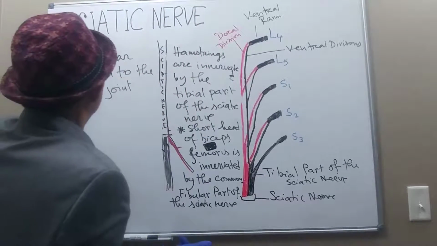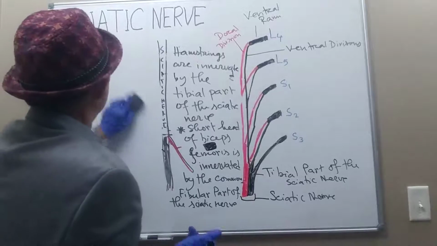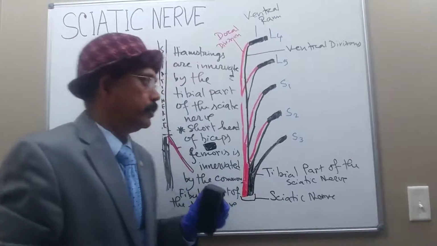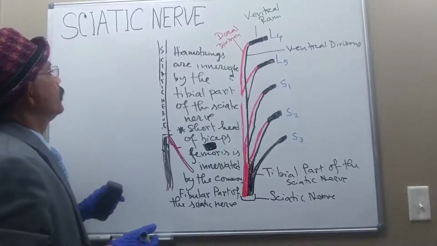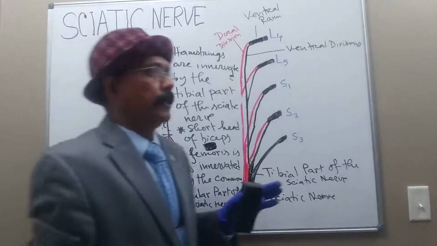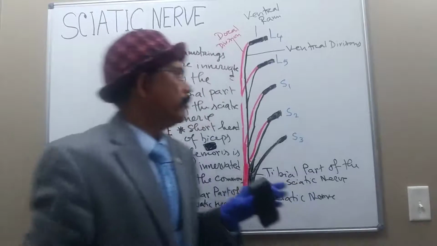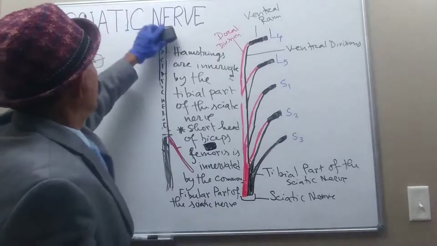Okay, hip joint or acetabulofemoral joint. Okay, we got the muscles innervated by the sciatic nerve.